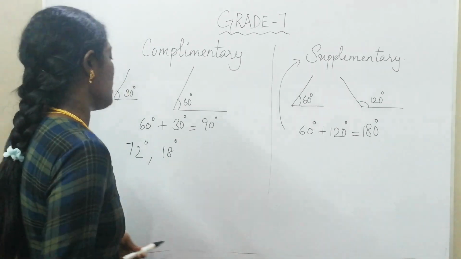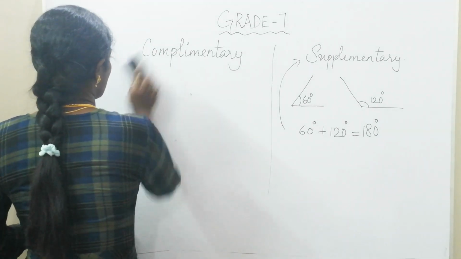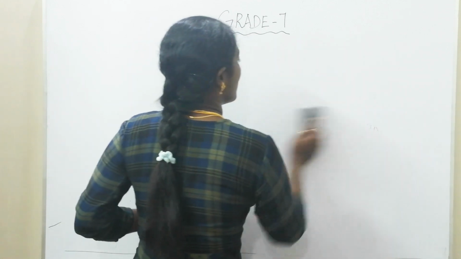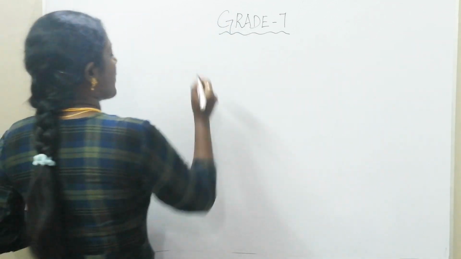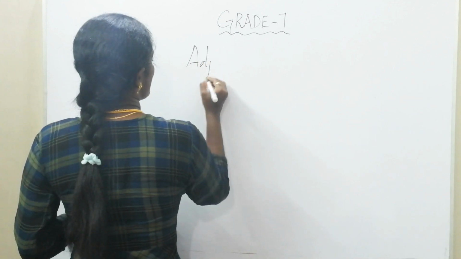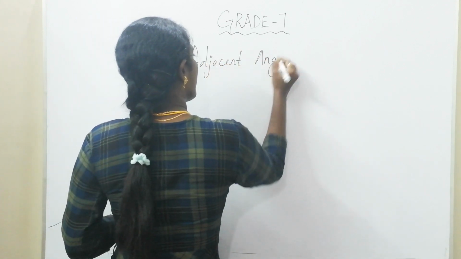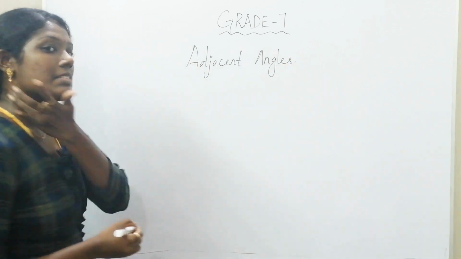Now what is the next type of angles that we are going to learn? So the next type of angles that we are going to learn is adjacent angles. So what is adjacent angles?